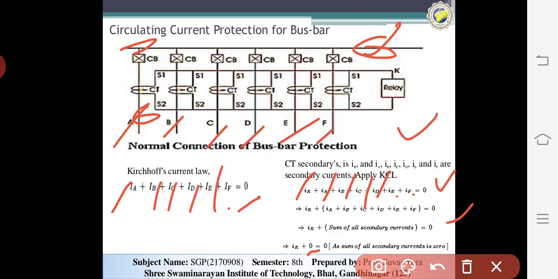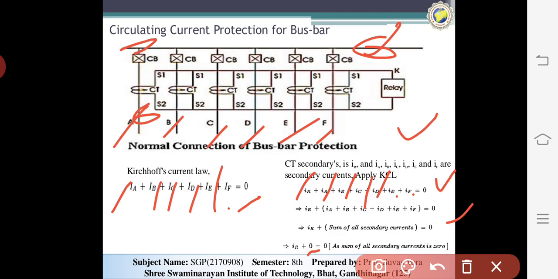Now say a fault occurs at any feeder outside the protection zone. In that case the fault current will pass through the CT of the feeders, and this fault current is contributed by all the other feeders to the busbar, so the contributed part of the fault current flows through the corresponding CTs of the respective feeders.